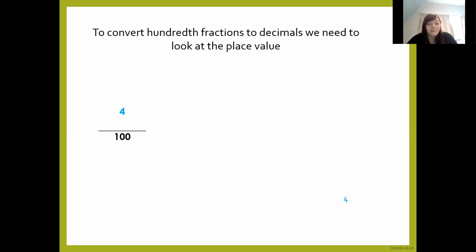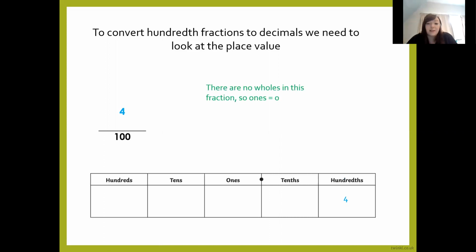So here we have 4 hundredths, not 4 tens, but 4 hundredths. That's 4 out of 100 equal parts. Again, there are no wholes in this fraction, so we're going to put 0 in the ones, and there are 4 hundredths. So 4 went into the hundredths column. Now, we have 0 point something 4.